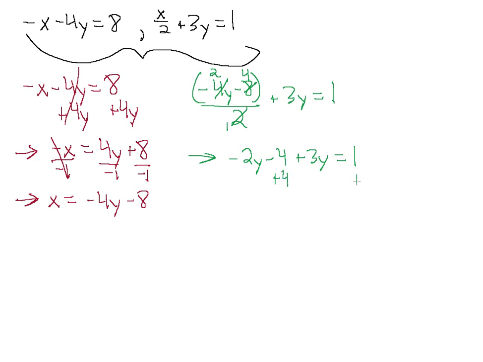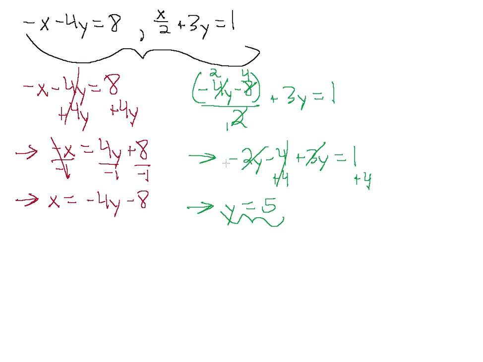We can add 4 to both sides, so we cancel these two terms, and we can combine the coefficients of y. So we have 3 minus 2, which will give us 1, so just y equals 1 plus 4 is 5. So we have an actual value for one of our variables: y equals 5.